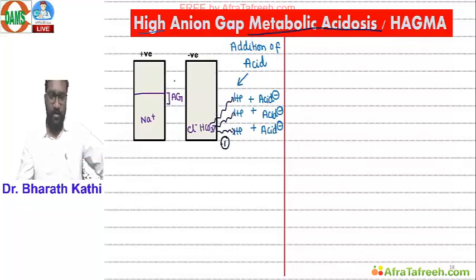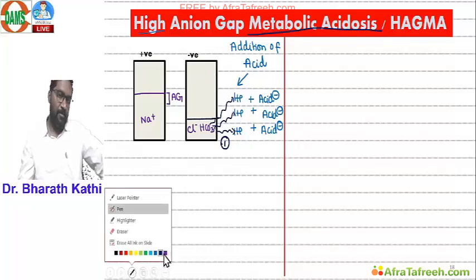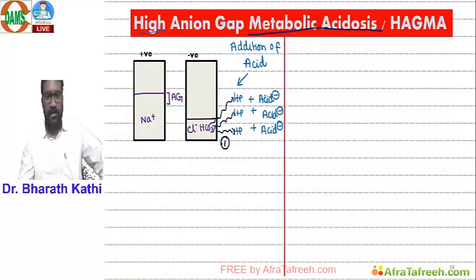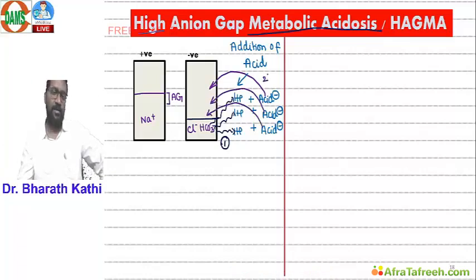So the value of bicarbonate is decreasing. Simultaneously, this acid anion is negatively charged, and it starts accumulating in the unmeasured compartment.